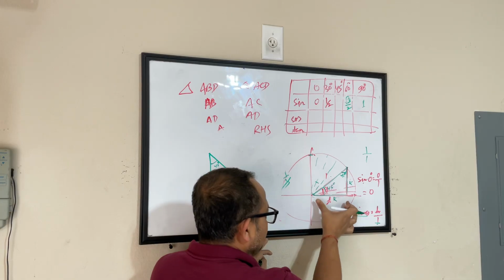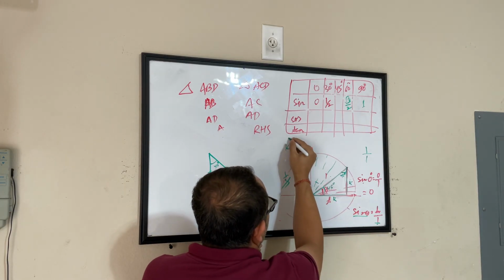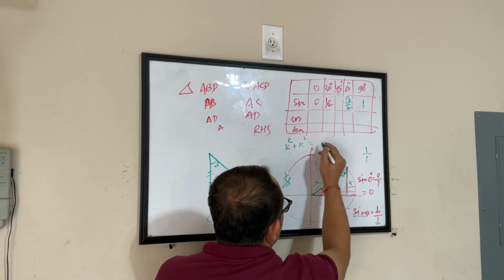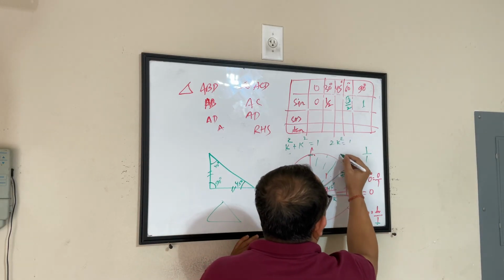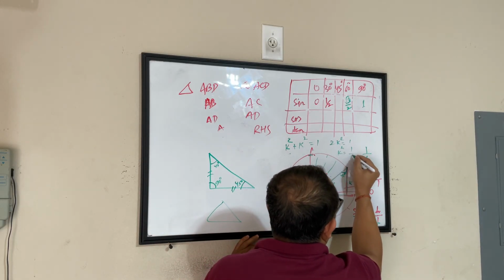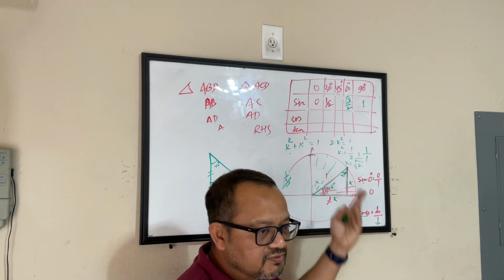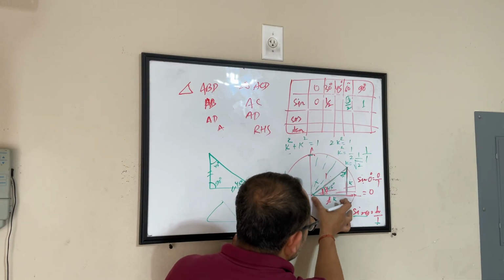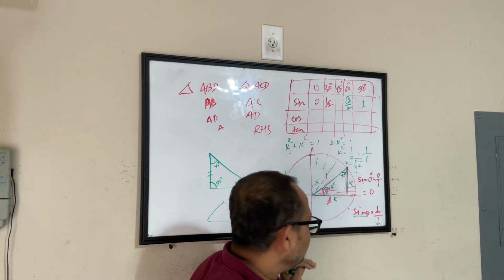Thanks to the uncle, we are obedient kids. So k square plus k square is equal to 1 square. So 2k square became 1. k square became 1 by 2. k became 1 by root 2, because square root of 1 gives you 1 anyways. So this length became 1 by root 2. This length also will be the same, 1 by root 2.